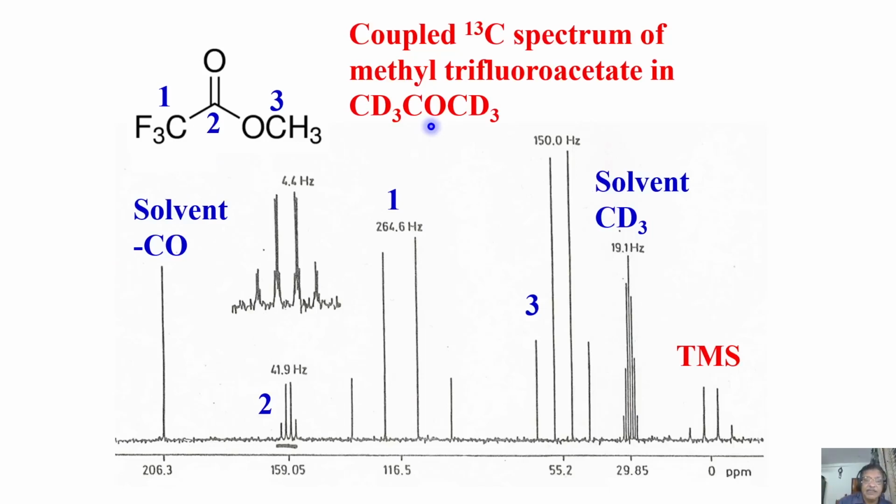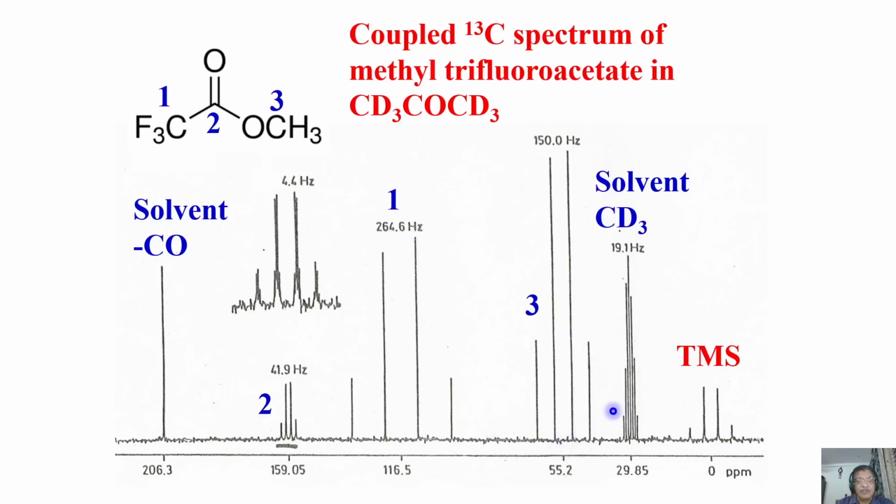This is the advantage of the coupled spectrum. Just to give you an idea, I wanted to show how we can make the assignment with a coupled spectrum also. Supposing I were doing a completely broadband decoupled spectrum, what would you have got? A singlet here, singlet here, singlet here, singlet here. Then our confusion would be, which singlet is coming downfield, what is this singlet?